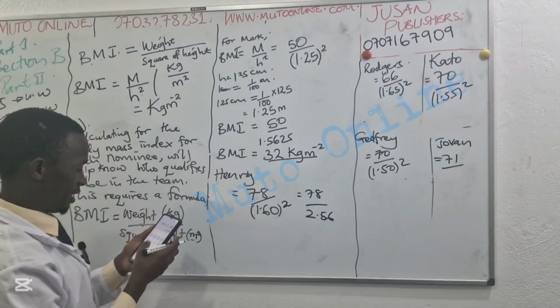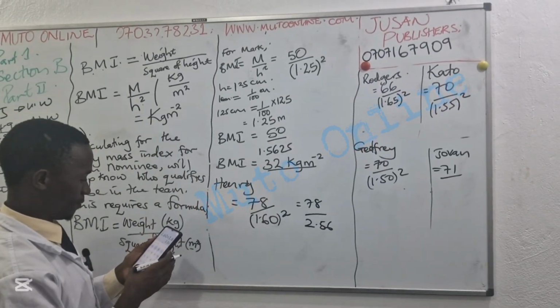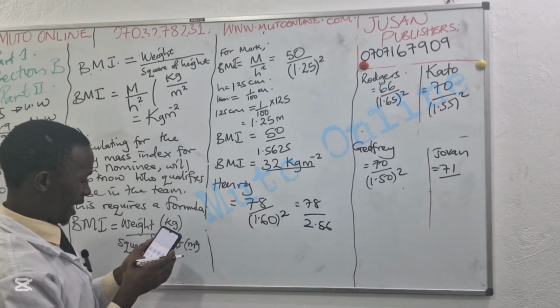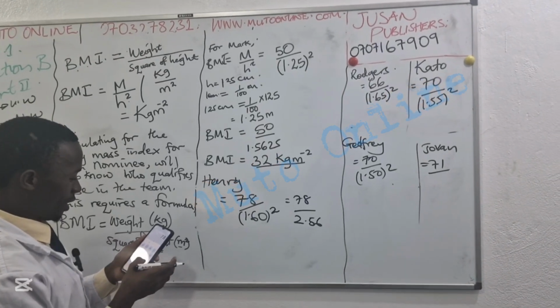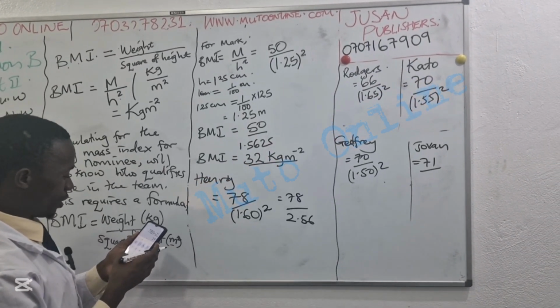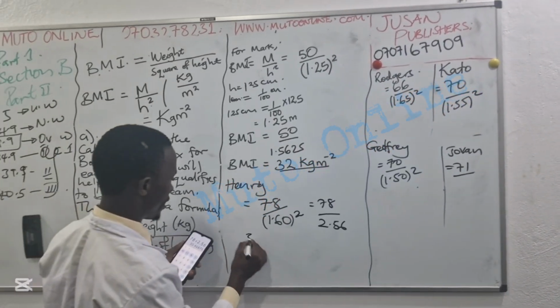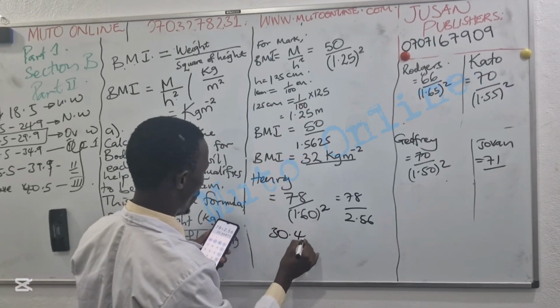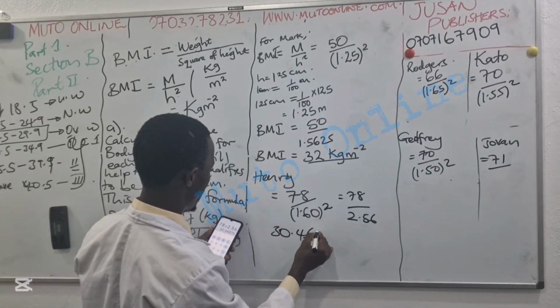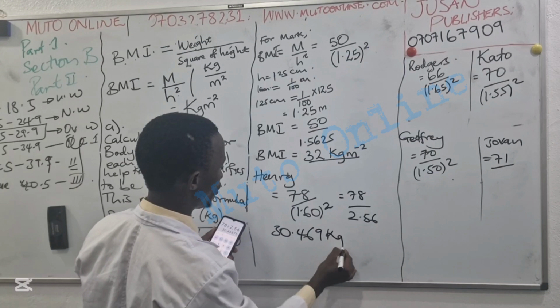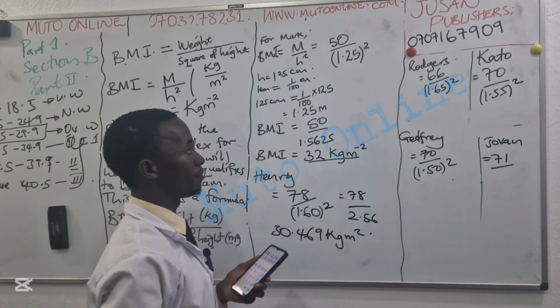So when I get 78 divided by 2.56, I will get 30.469 kilograms per meter squared.